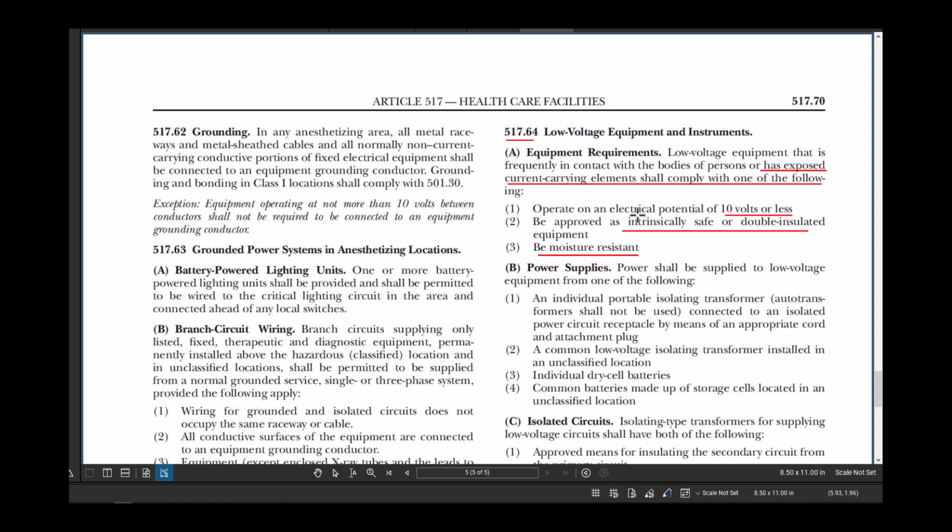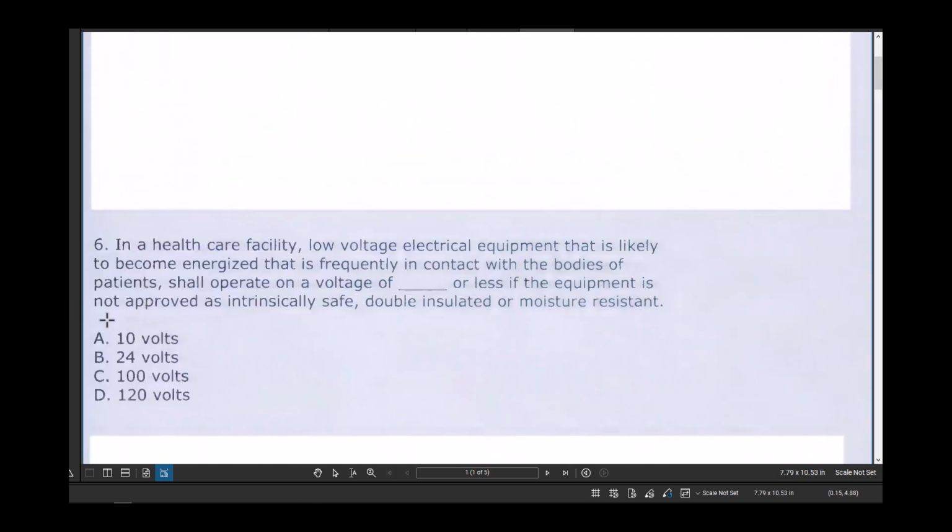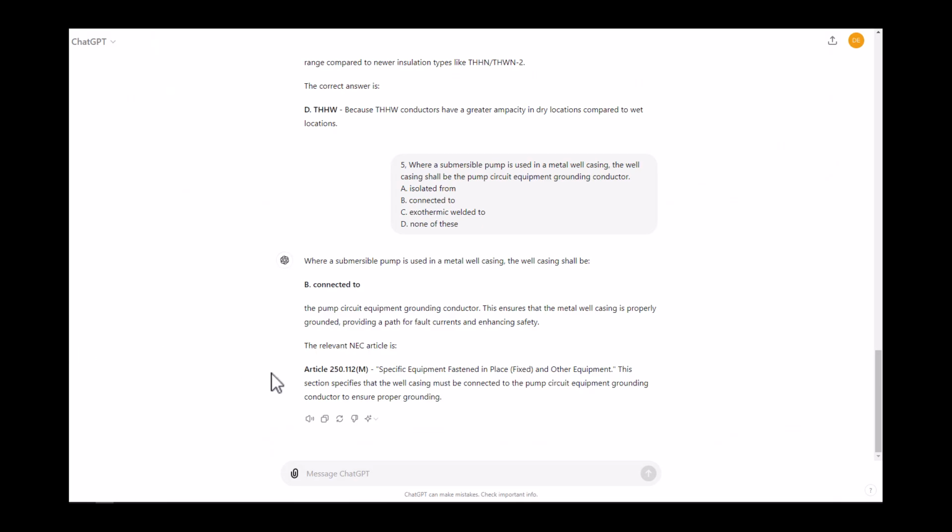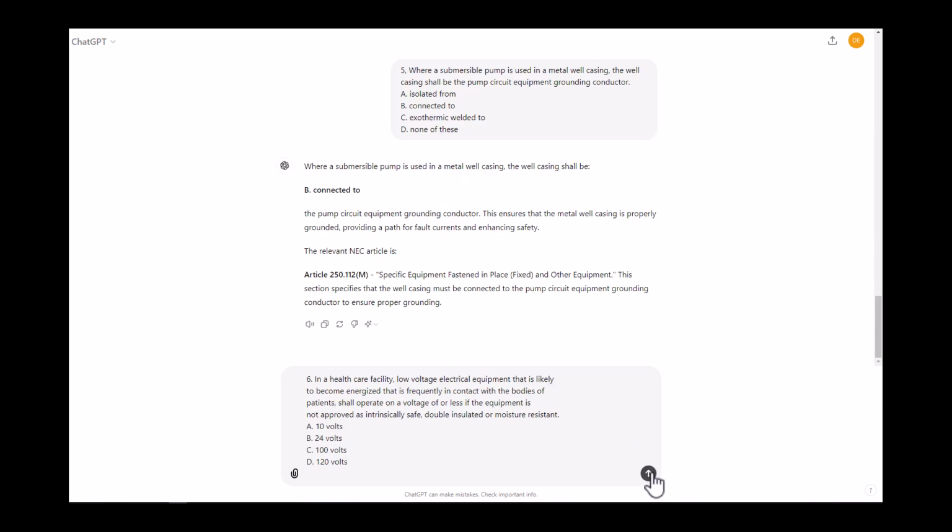Operate on an electrical potential of 10 volts or less. This is exactly what we're looking for, and the section below, B, which is 2, talks about the other part of the question. Then if we go back to our question, the answer is A, 10 volt. Let's see what ChatGPT gives us for this question. I already put the question here.